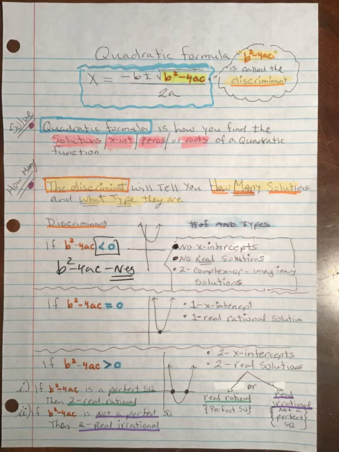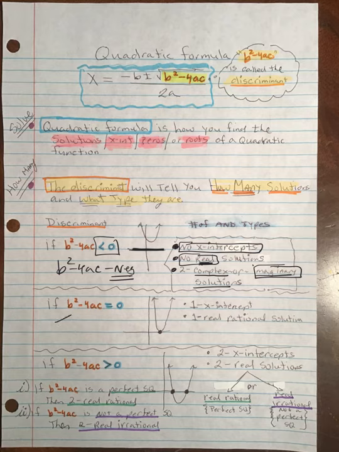There will be no real solutions because there will be 2 complex or imaginary solutions. Sometimes we refer to imaginary solutions as complex solutions. So you just say imaginary as well. Notice that this parabola does not touch the x-axis, so it has no x-intercepts. Therefore, it has no real solutions because it has imaginary solutions.